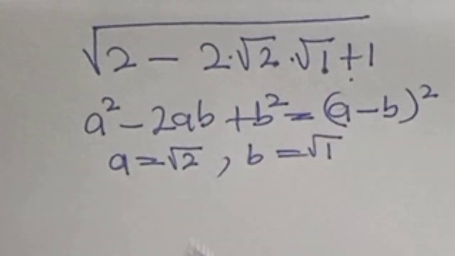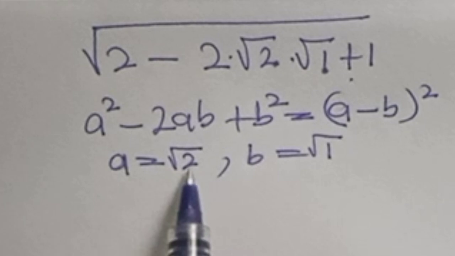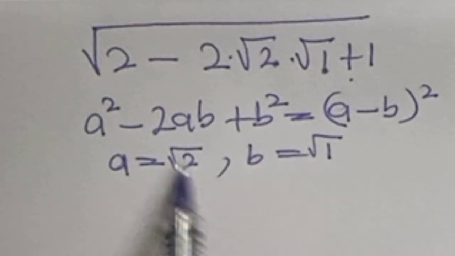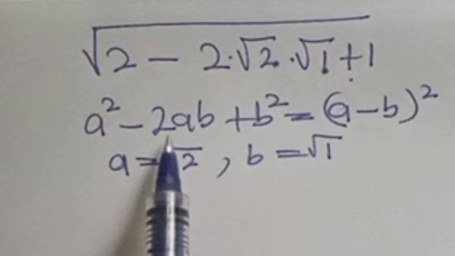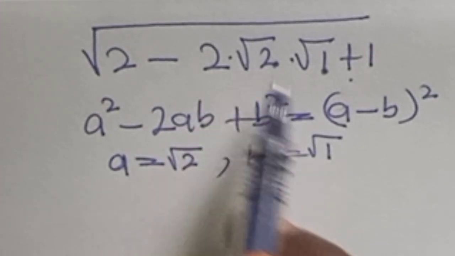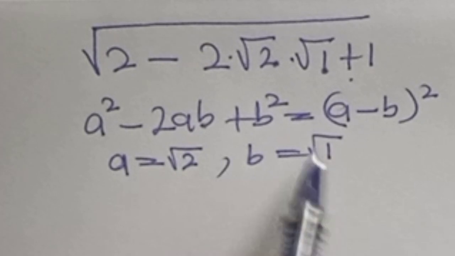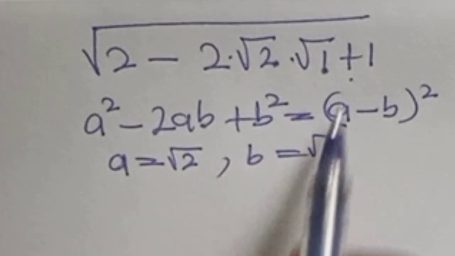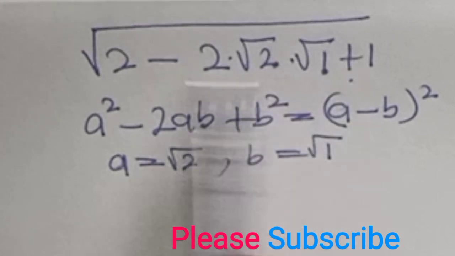So from our equation, we can see that a is square root of 2, and when it is squared, square root of 2 squared is 2, minus 2 times a, which is square root of 2, times b, which is square root of 1, plus b squared. Square root of 1 squared is 1. So we are fine with this.